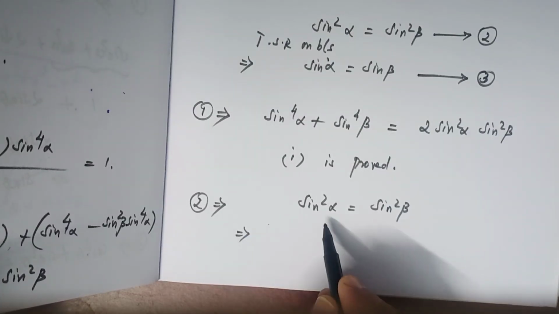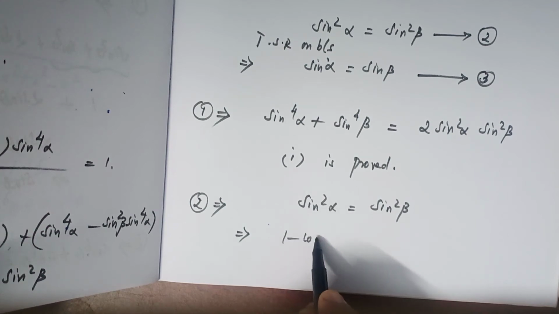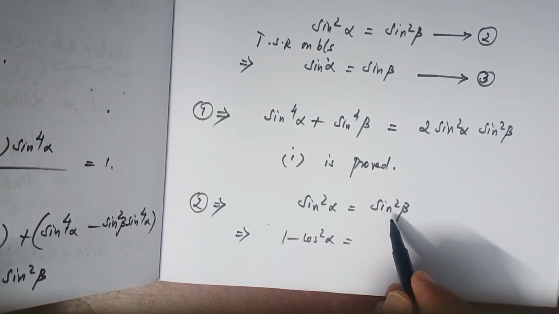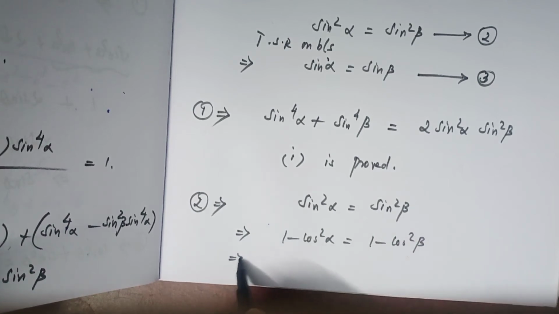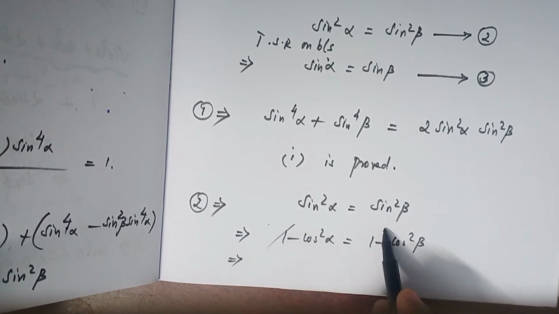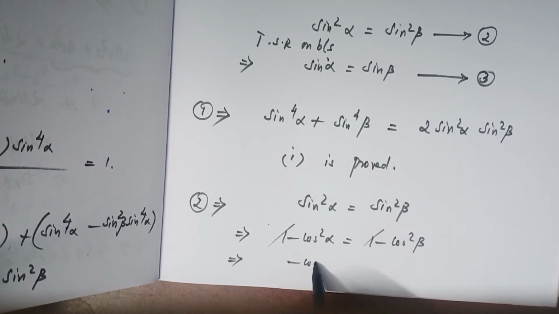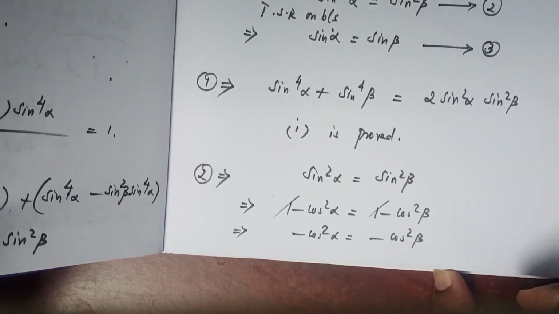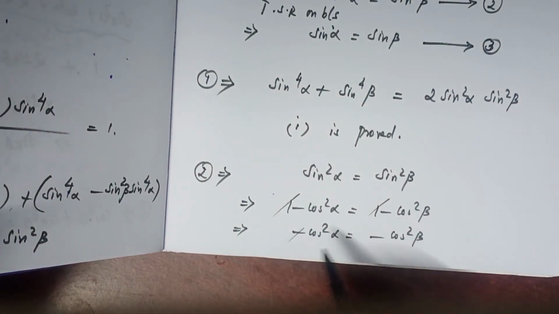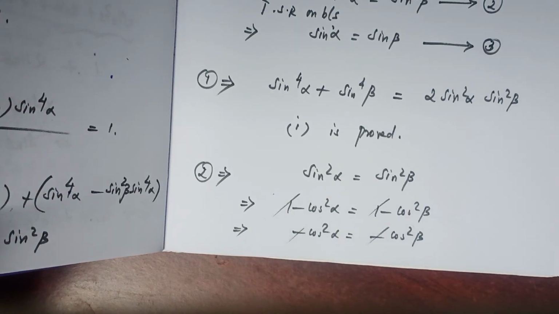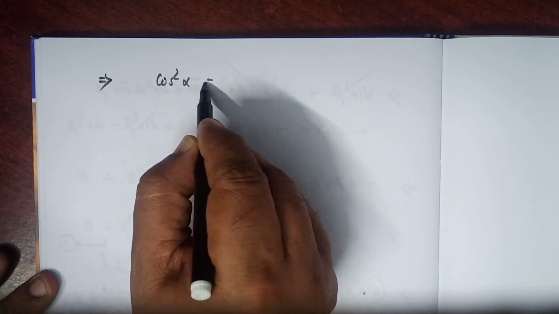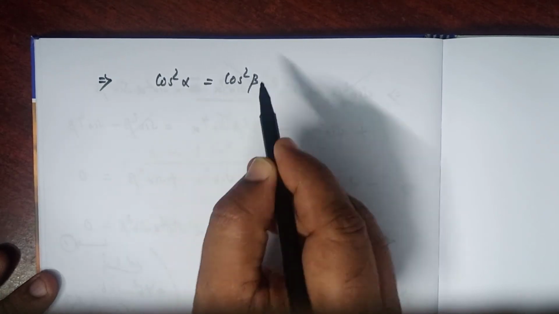Sine squared alpha is equal to 1 minus cos squared alpha, sine squared beta is 1 minus cos squared beta, which implies 1 and 1 get cancelled, minus cos squared alpha is equal to minus cos squared beta. Minus minus get cancelled, cos square alpha is equal to cos squared beta.